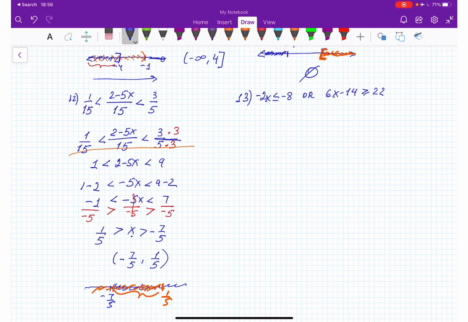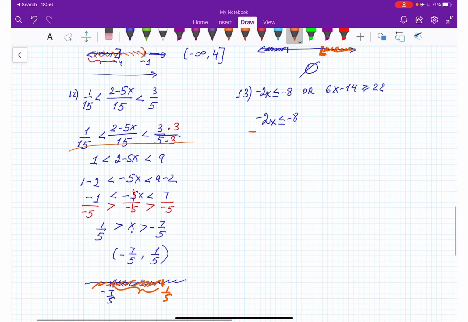All right, negative 2x less equal negative 8, dividing by negative 2 and flipping. Then we are getting x greater equal positive 4. Next, 6x minus 14 greater equal 22.